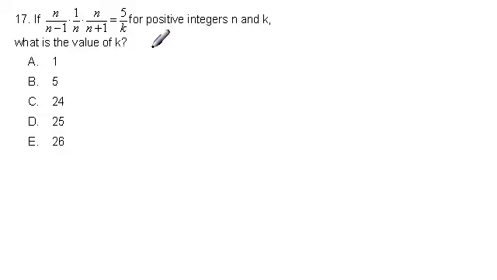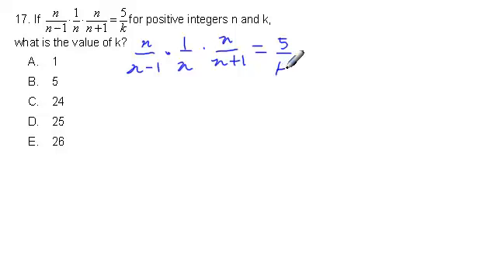First of all, I'm going to simplify this equation which is given. It is given as n over n minus 1 times 1 over n times n over n plus 1, and this side is equal to 5 over k, and we have to find the value of k.